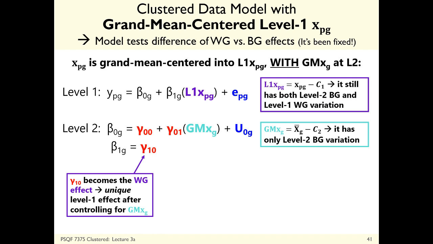But I control for it by putting in the group mean, and so the level 1 predictor's unique effect becomes the level 1 effect. If your level 1 predictor is continuous or numerical, this works in the same way. The idea is that this applies anytime you have a level 1 predictor that you have not taken the level 2 variance out of. Either it didn't have it to begin with, or you didn't take it out. Not having it to begin with happens very rarely.